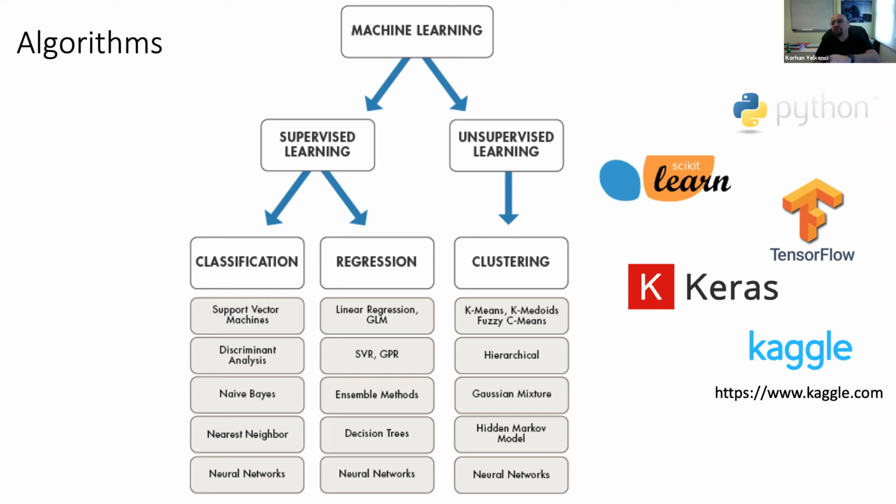Then maybe you can check the Kaggle website, where some projects are ongoing, maybe you can join, and you can visit scikit-learn and read about how the machine learning algorithms run inside.